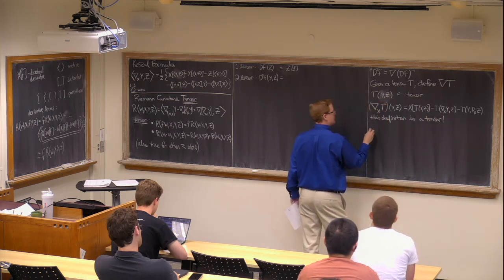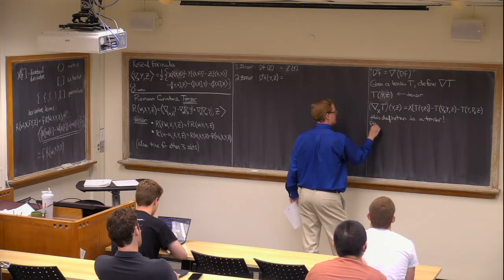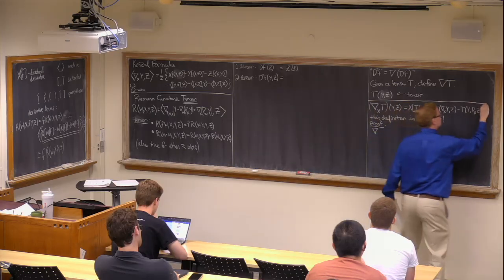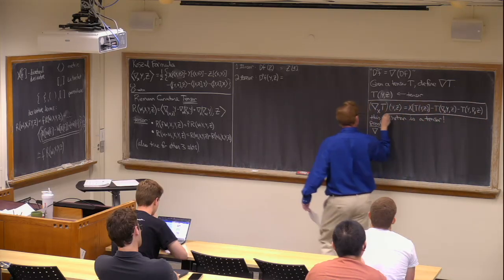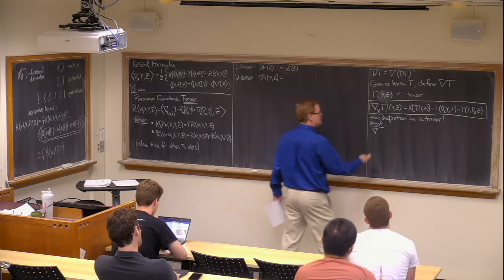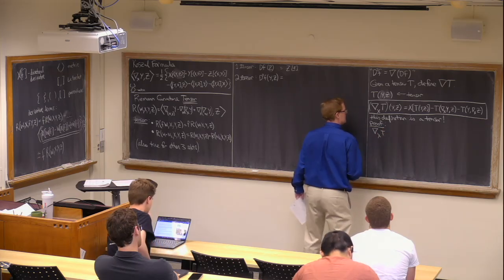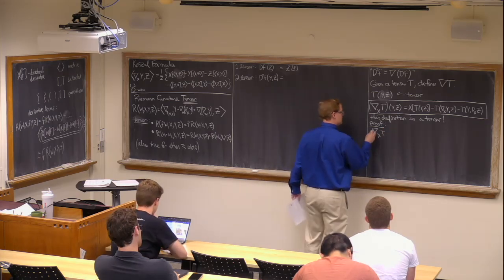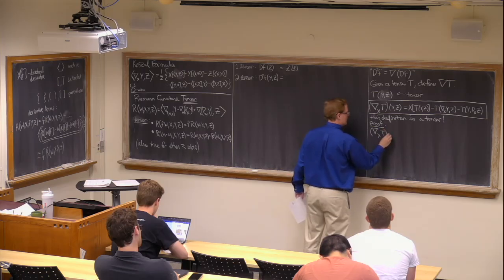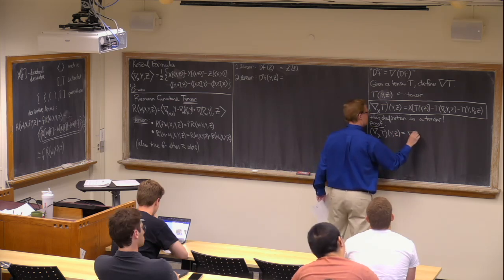Proof. Okay, so let's put a box around this. This is the definition of the derivative of a tensor. So let's be clear, we'll also write this, by the way, this is notation first of all.